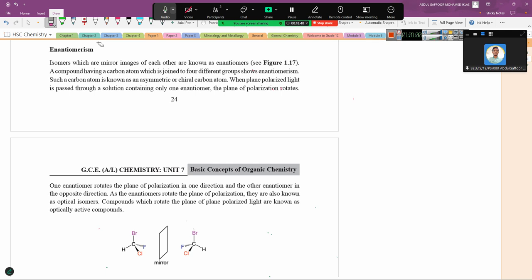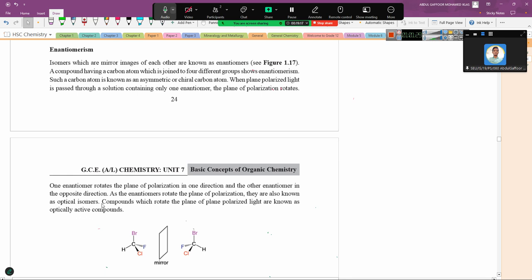So they are optically active compounds. It will change the light in the opposite direction, right? I cannot explain it in words; you should perform it experimentally. Anyway, you can see this: as the enantiomers rotate the plane of polarization, they are also known as optical isomers.